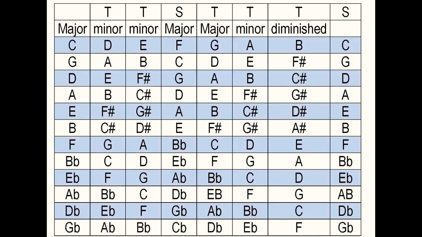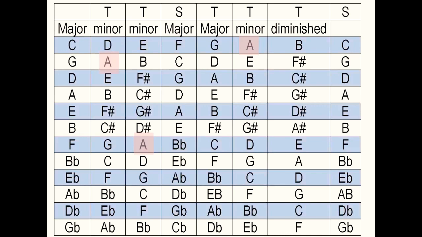Now, another thing you could do is if you're playing a song that has an A minor in it, right? Or you're writing a song that you want to do in A minor because when you sing it, it just sounds good. You don't have to write in the key of A minor. You basically just find a key that has an A minor chord in it. So if we look down all our minor columns, which are on 2, 3, and 6, let's go to the second column, scan down, and look for an A. There it is in the second row, G major.